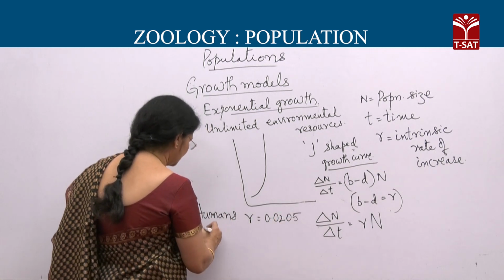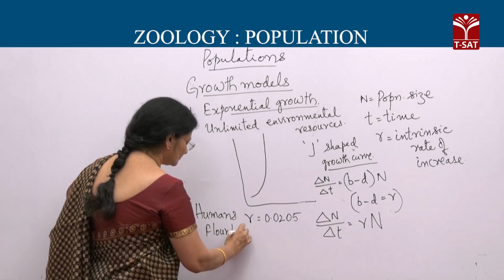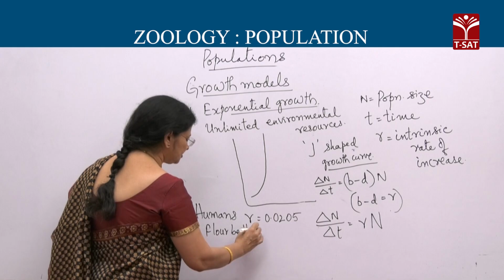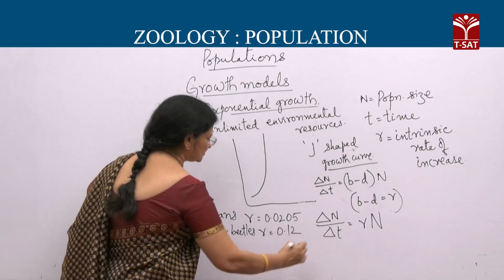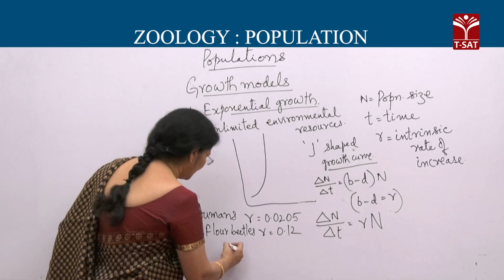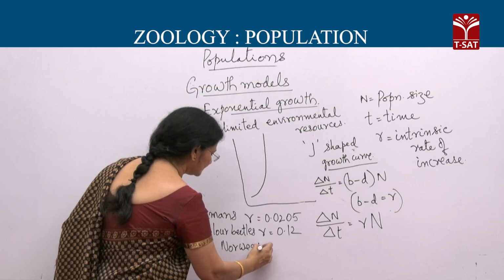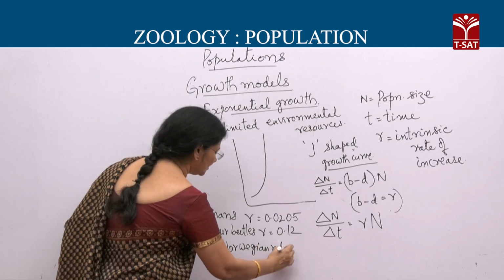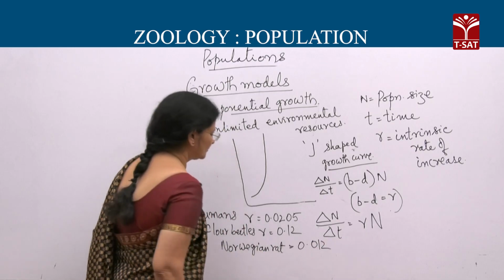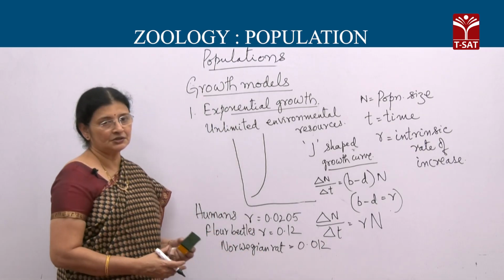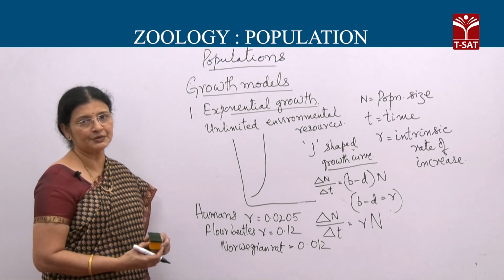And if you take flour beetles, you will find more increase, 0.12. A Norwegian rat, it is 0.012. Like that they calculate the values of r, that is increase in the population.